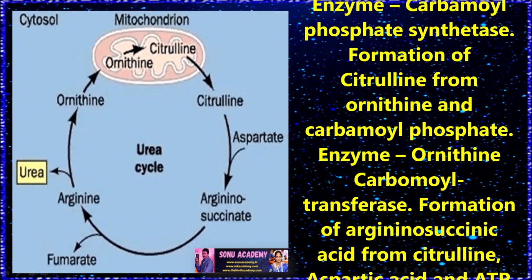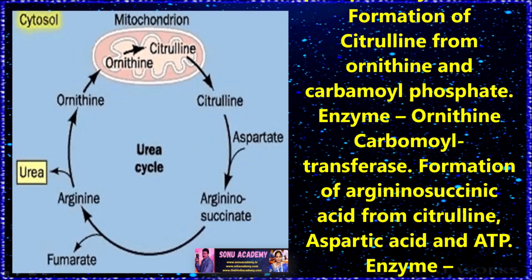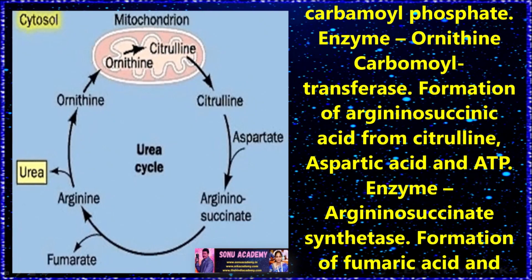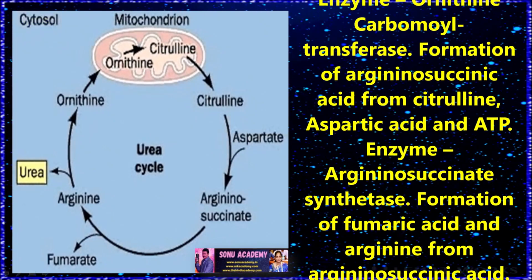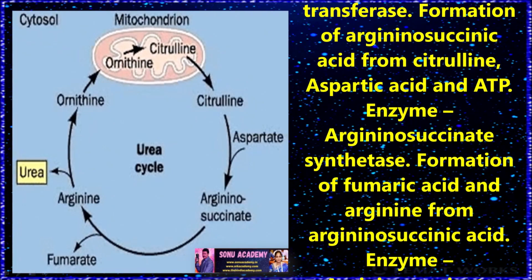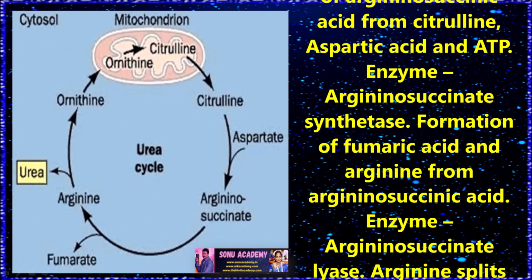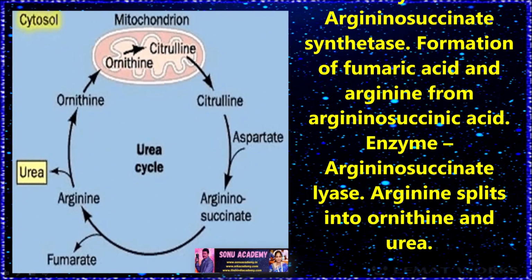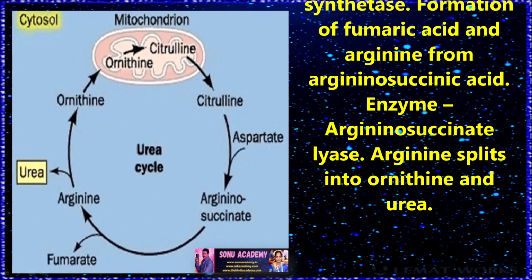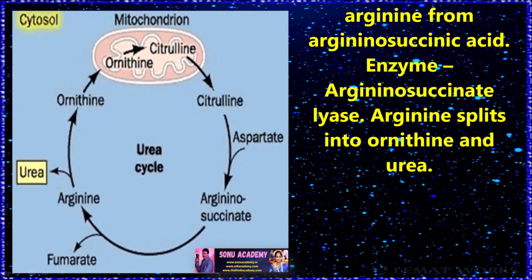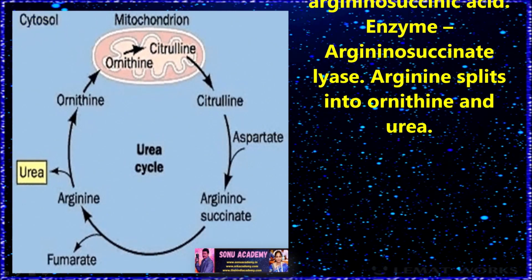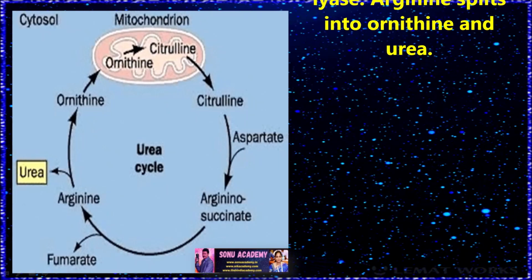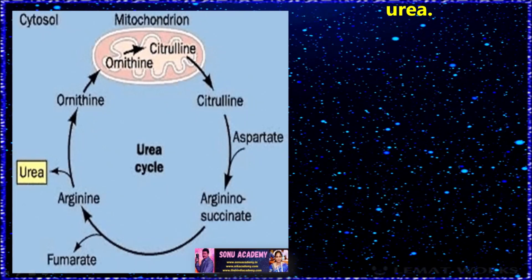Next, formation of citrulline from ornithine and carbamoyl phosphate; the enzyme here is ornithine carbamoyl transferase. Next, formation of argininosuccinic acid from citrulline, aspartic acid and ATP; the enzyme is argininosuccinate synthetase. Next, formation of fumaric acid and arginine from argininosuccinic acid; the enzyme is argininosuccinate lyase. Arginine splits into ornithine and urea.